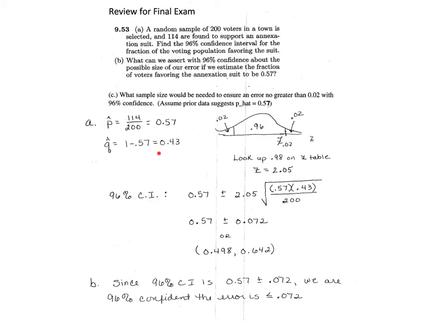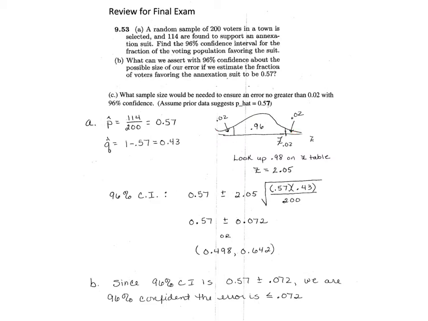So we want a 96% confidence interval, so we're going to take a look at the standard normal distribution. We are looking for cutoff values to find our critical Z statistic so that we have 96% of the area in the middle. That leaves us 0.04 to share between the two tails. So we have 0.02 down in the bottom and 0.02 up in the top.